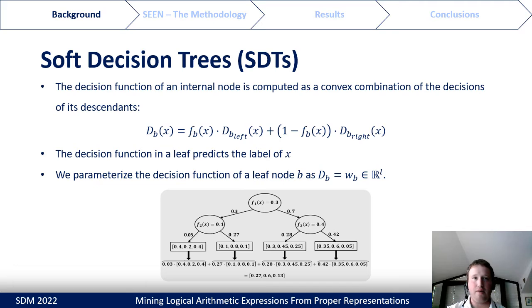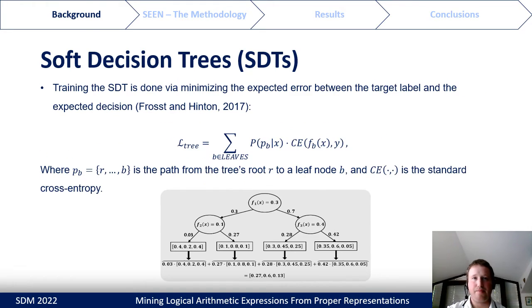The decision of a tree is computed recursively by each internal node as a convex combination of the decisions of its descendants, and the decision of the leaf node is parameterized by a learnable vector that remains fixed during test time. For training a soft decision tree, I used the training procedure described by Frosst and Hinton.